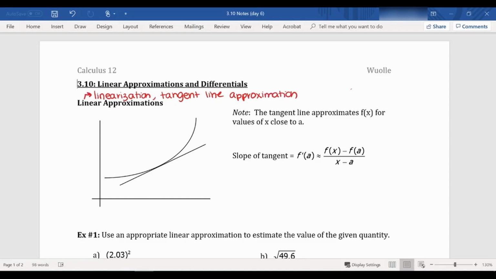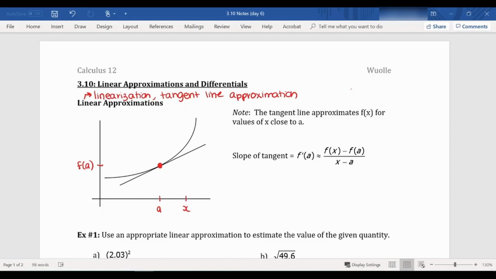Just a reminder that your tangent line approximates a value where you have an x value getting very, very close to some a value. The slope of your tangent line, f prime of a, if you had a tangent at some value a, is a limit as x approaches a for some other value x over here.